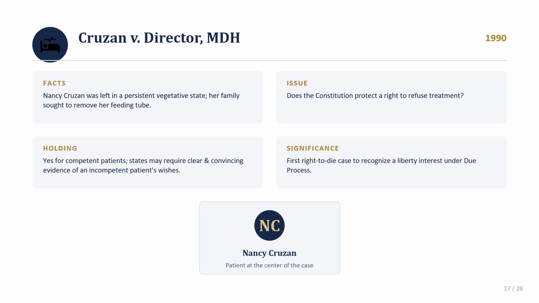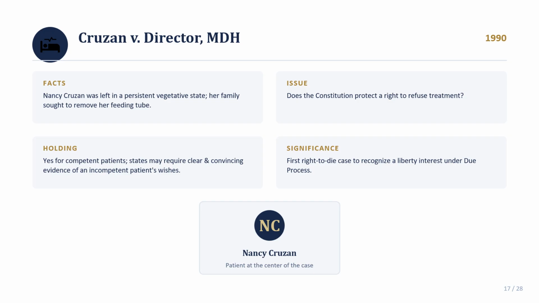Okay, so the clear and convincing evidence standard that the court upheld also deserves a moment of its own attention, because it created real practical consequences that echo directly into our next case.